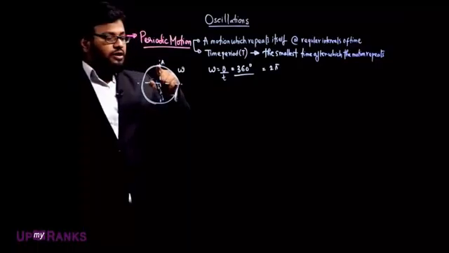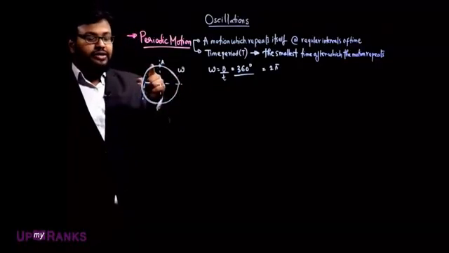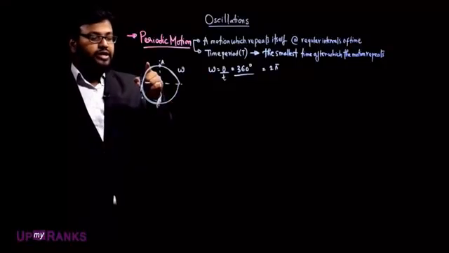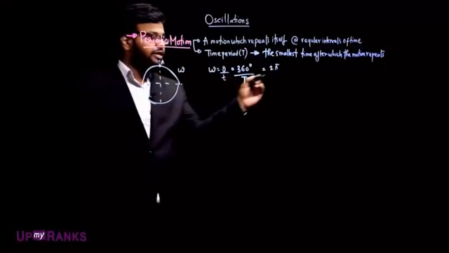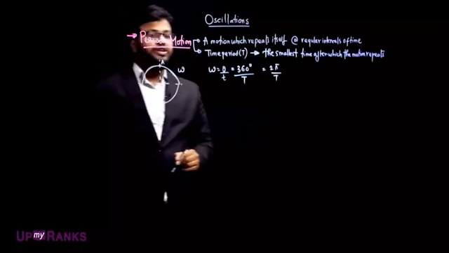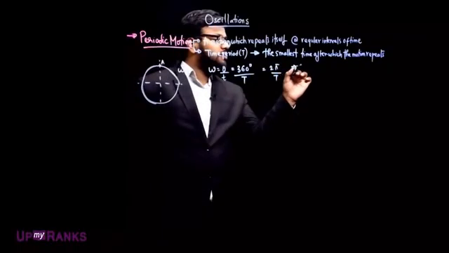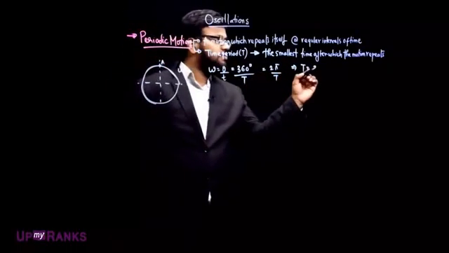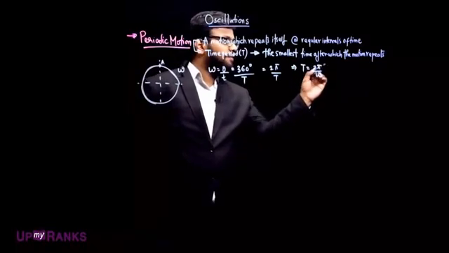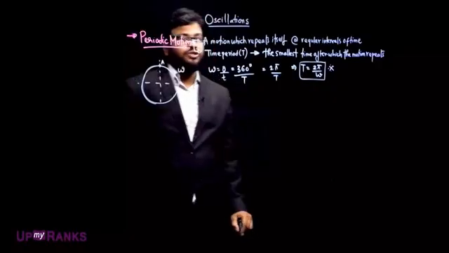When it traces an angle of 2 pi, it has completed one full circle, and the time taken to complete one full circle is called the time period, capital T. So we get one important relation between omega and T: T goes to this side and omega comes this side, so T is equal to 2 pi by omega. This is one of the important relations which we have also studied in circular motion.